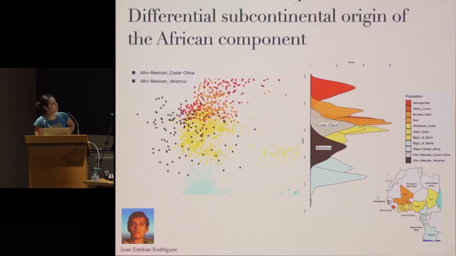There's not a single population they overlap with, but we can see that Costa Chica is more towards Mali and Burkina Faso, so it's west but more inland, but also Sierra Leone, which is of course west here. And Veracruz has more affinity to populations like Nigeria, and some populations towards the central west of Africa. And this is also consistent with historical accounts.